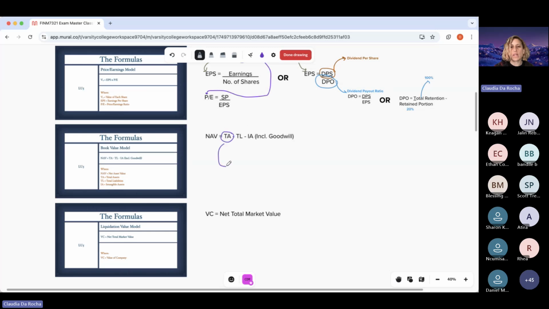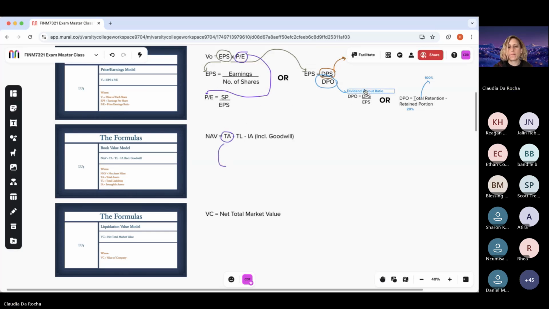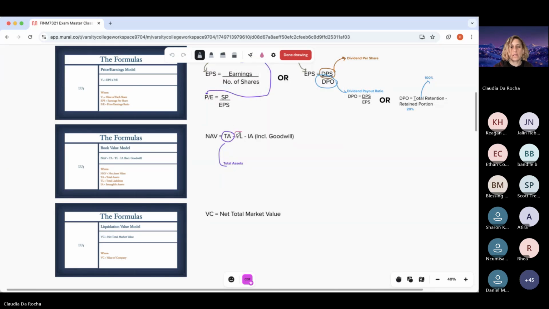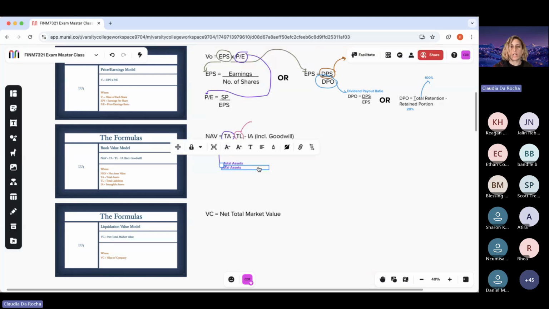So you've got total assets, then your total liabilities, and intangible assets.